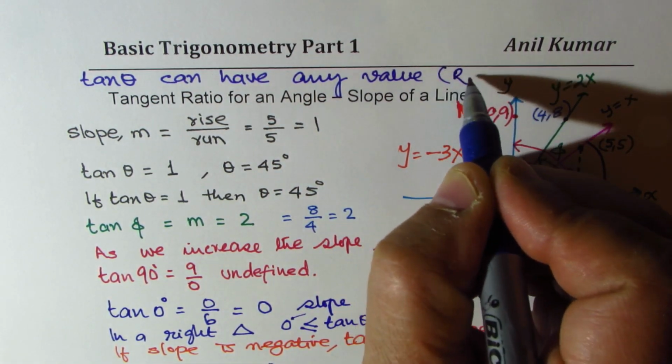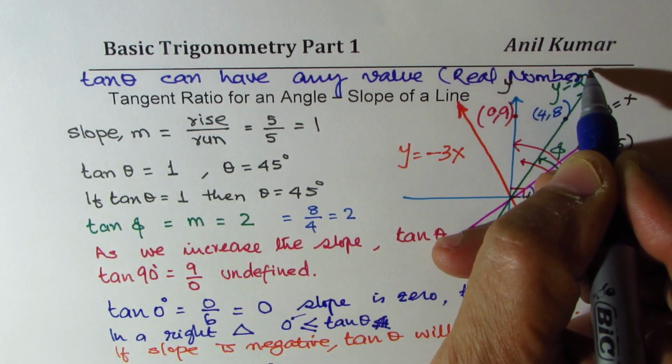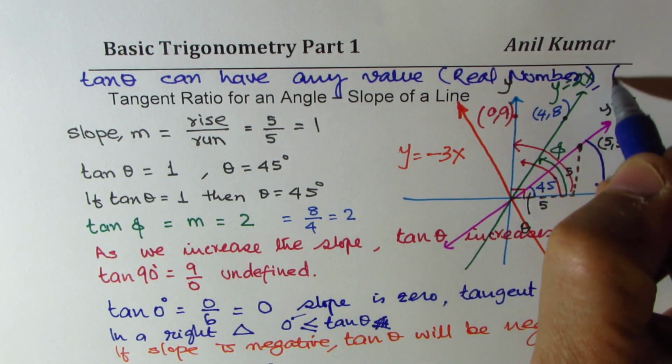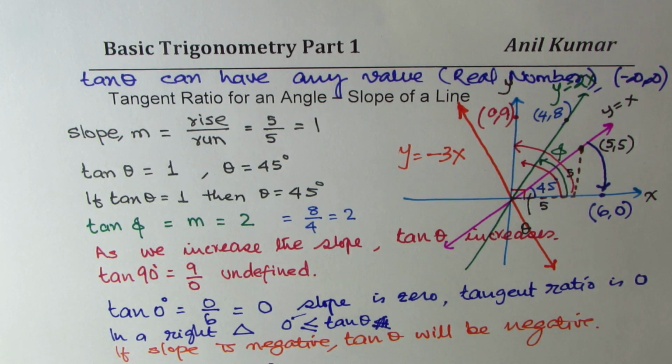That means a real number we are talking about, right? It could be from minus infinity to plus infinity. So we could write this as any value from minus infinity to plus infinity for tan theta.